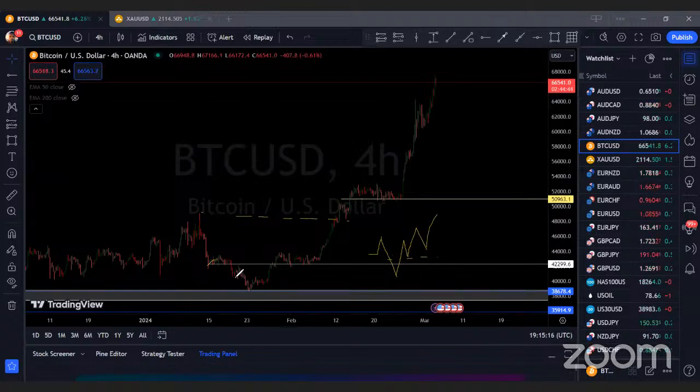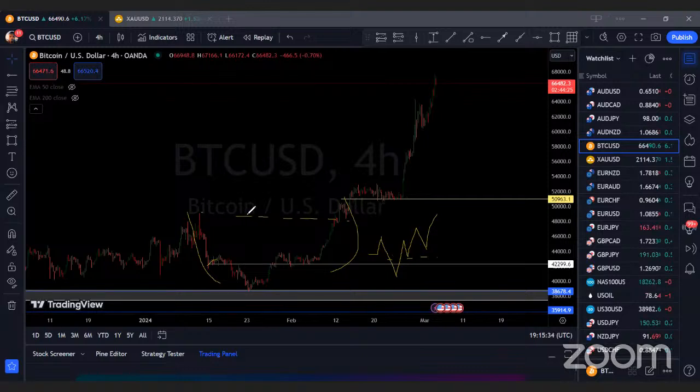But this pattern over here, the whole area we are seeing, can be considered as an inverse head and shoulders pattern, and also considered as a cup and handle, right?